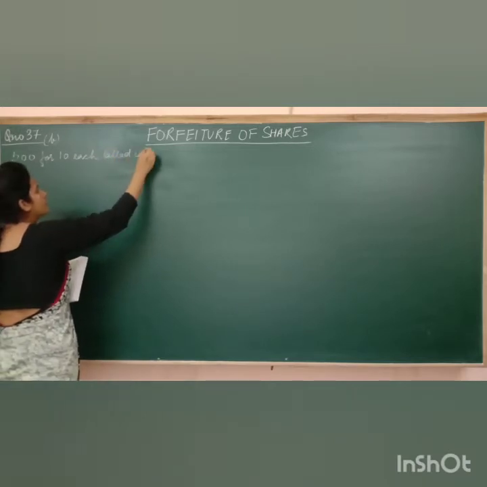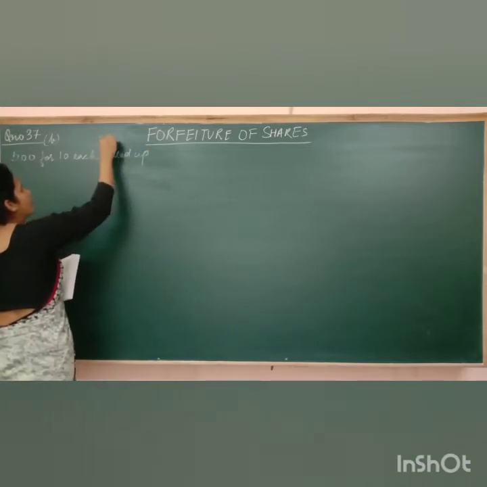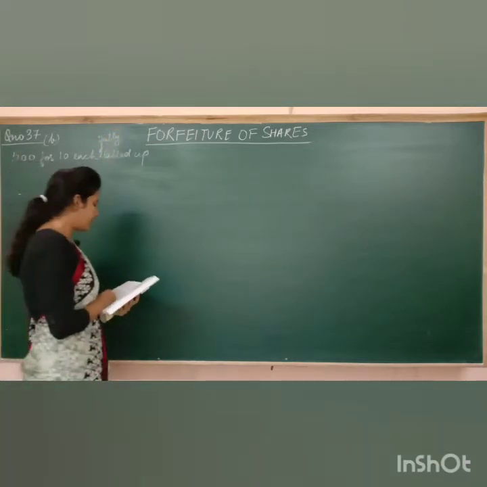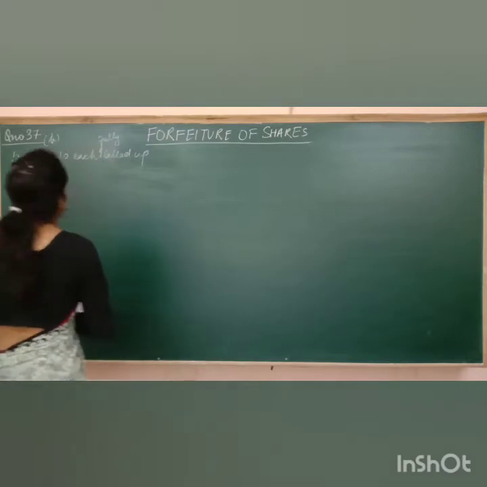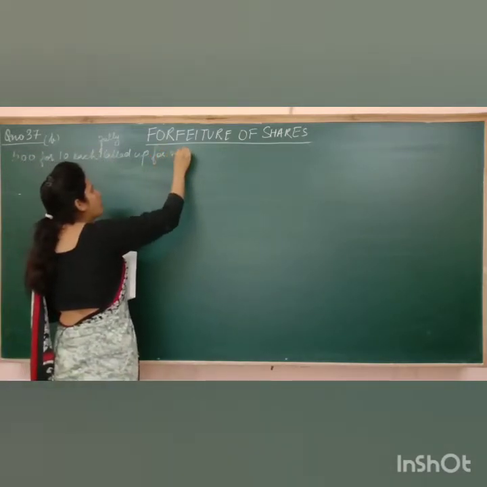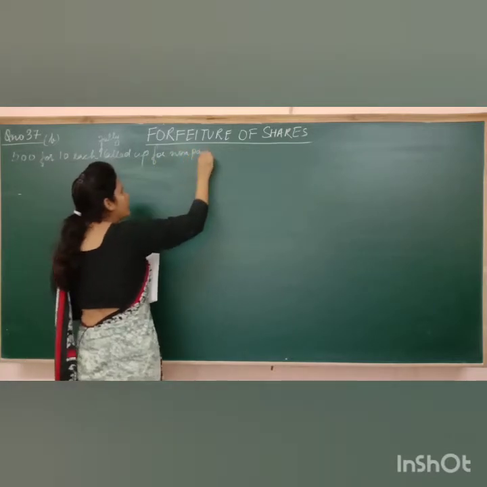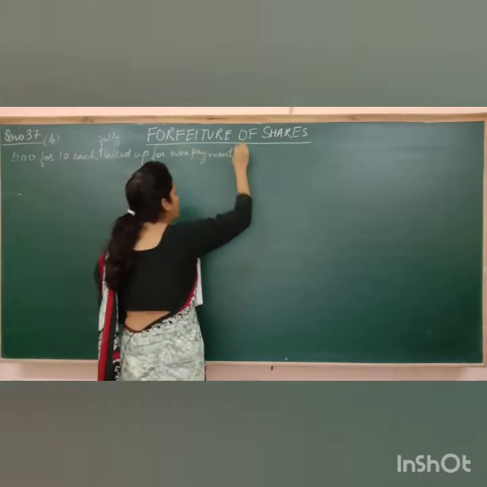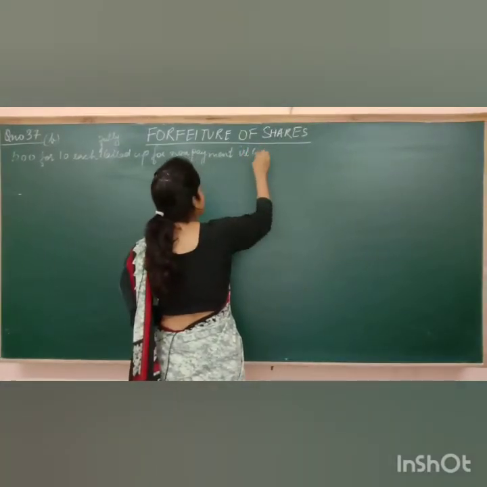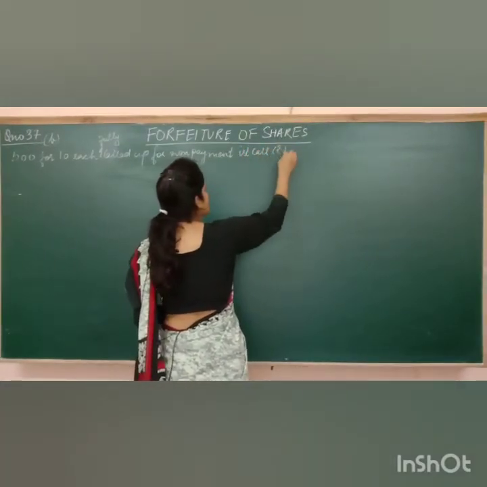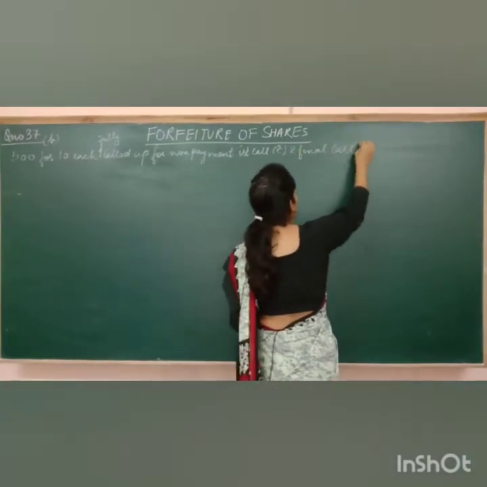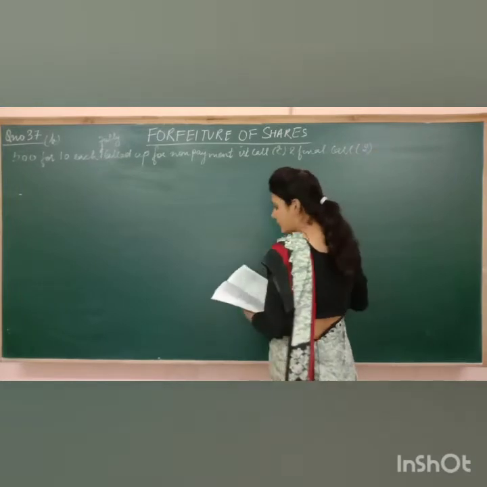Fully called up means that we have called for complete rupees 10. For the non-payment of first call of rupees 2 and final call of rupees 2, the shareholder has not paid.